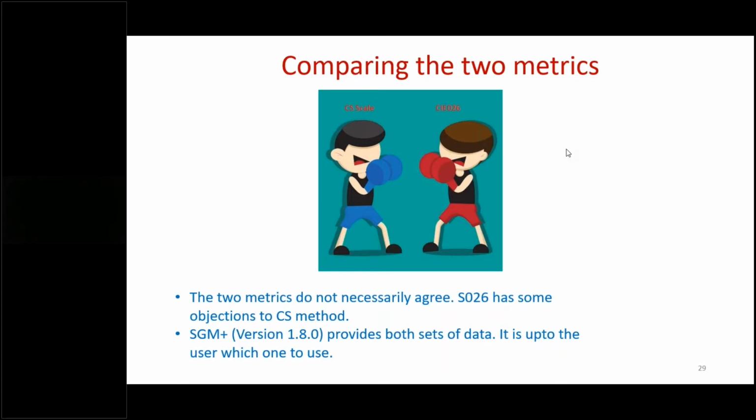In fact, the CIE disagrees with some of the methodology of the CS scale. I'm not going to go deep into what the objections are, but what we are doing as a company that makes the meter is to provide both sets of data to our customers, so they could use both of them. If they are satisfied with one or the other, then that's their choice.